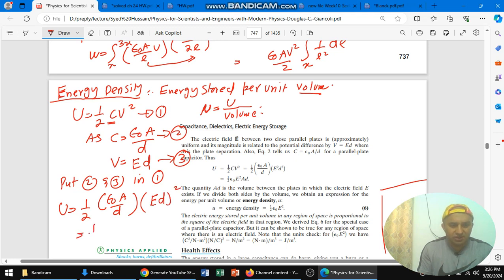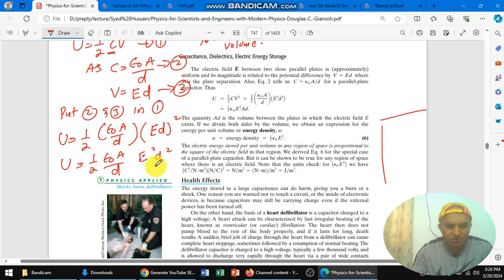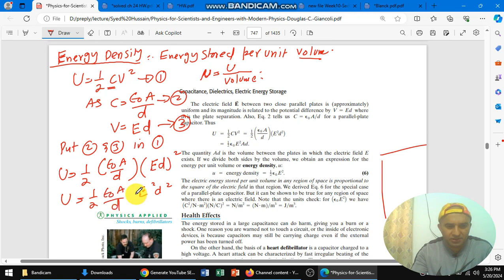So we get half epsilon naught A over D E square D square, and then energy U is equal to half epsilon naught A over D times E square D square.